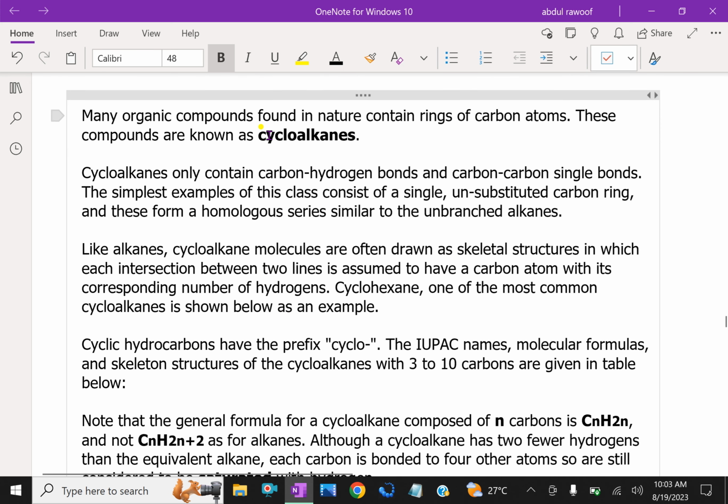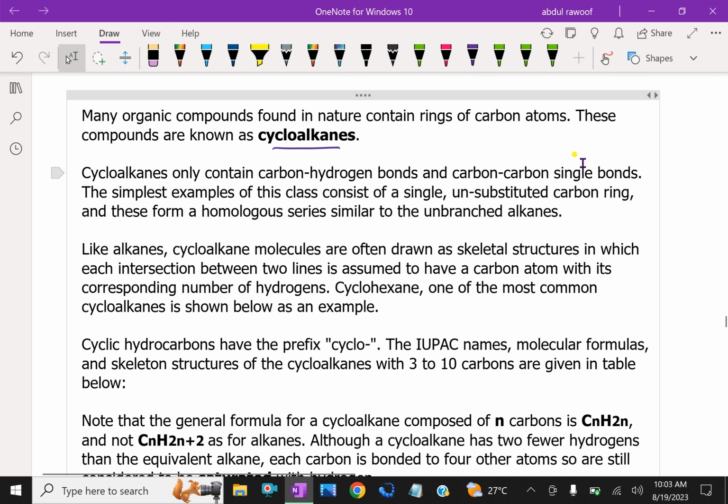Many organic compounds found in nature contain rings of carbon atoms. These compounds are called cycloalkanes. Cycloalkanes only contain carbon-hydrogen bonds and carbon-carbon single bonds.